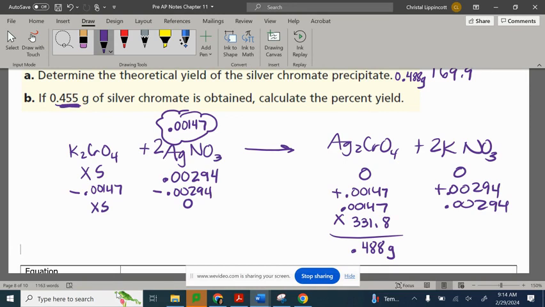Okay. So if I want to calculate my percent yield, I'm going to take this value and divide it by our theoretical yield times 100. And I end up with 93.2%.